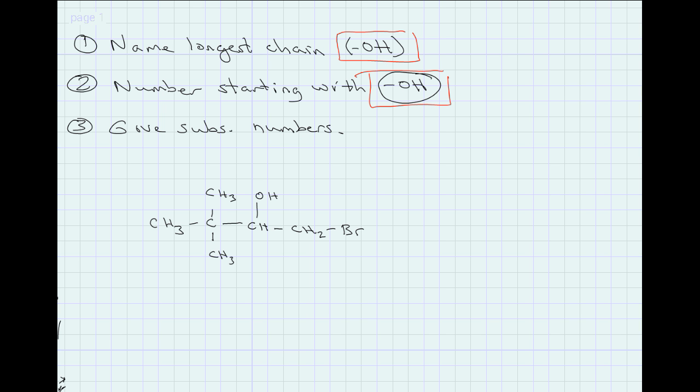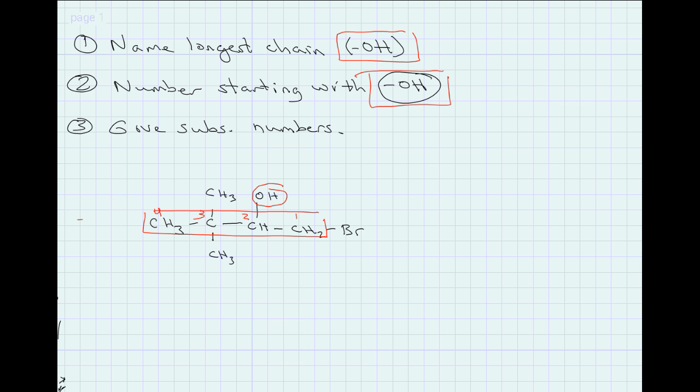If we look at this molecule that I have right here, we're looking for the longest chain that has our hydroxyl group in it somewhere. Hopefully you can see right away that the longest chain is right here. We have 1, 2, 3, 4 carbons. This chain is the longest chain in the molecule that contains our hydroxyl group.